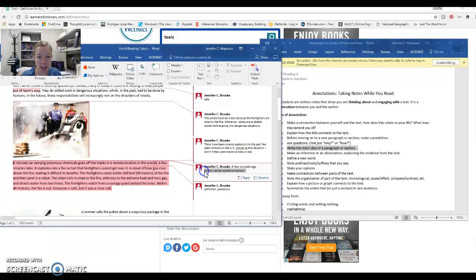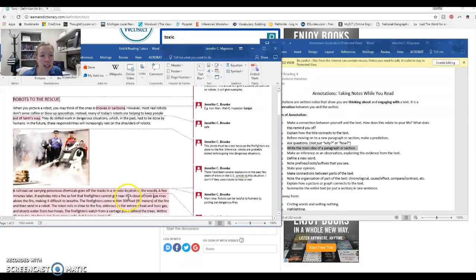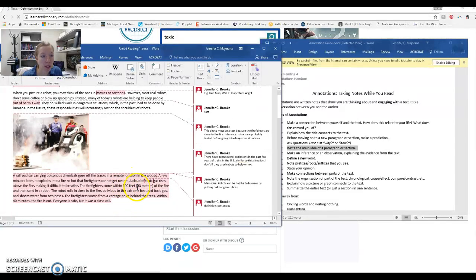Let's make sure I note my main idea. Robots can be helpful to humans by putting out dangerous fires. Okay, and I can see back the prediction I made in the title. It will give examples. This is true, right? We do have an example of how robots can be helpful to humans.